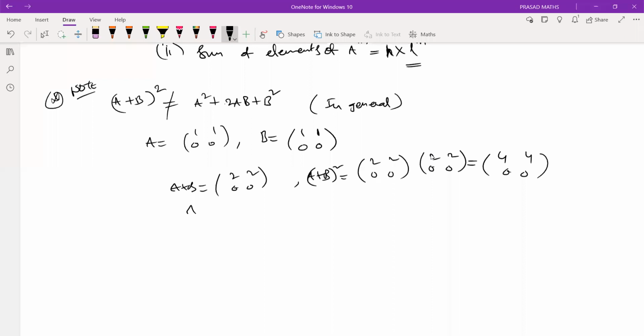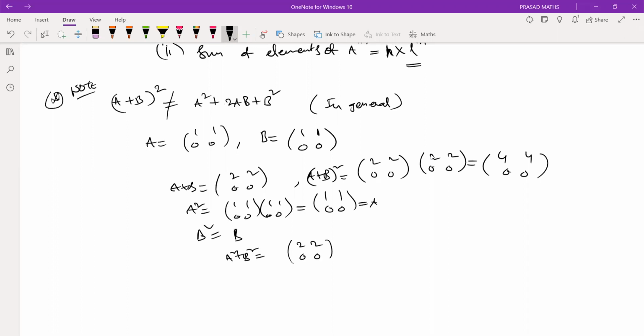What is A square? It is the same as A. Similarly, B square is also the same as B. What is A square plus B square? It's nothing but 2, 2, 0, 0.